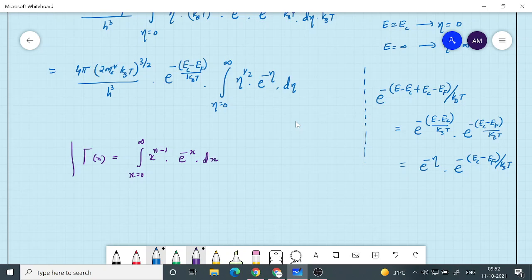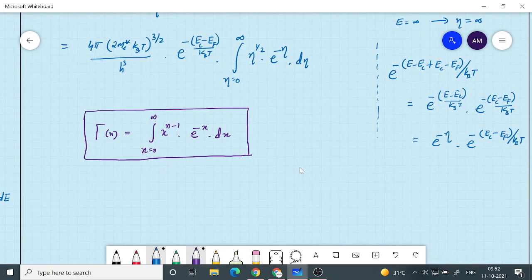I hope you have learned this in your maths class. Let me know if you have learned this or not. Gamma functions, beta functions, I think it is part of your syllabus.